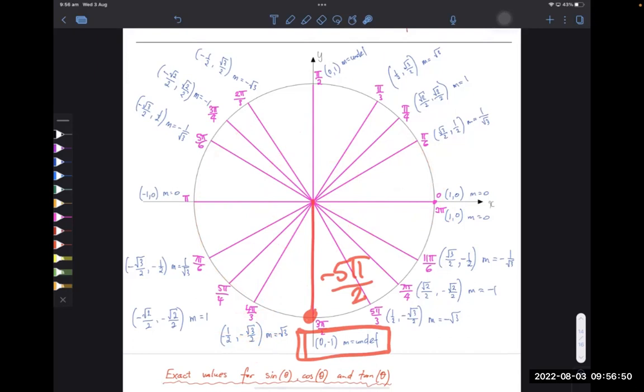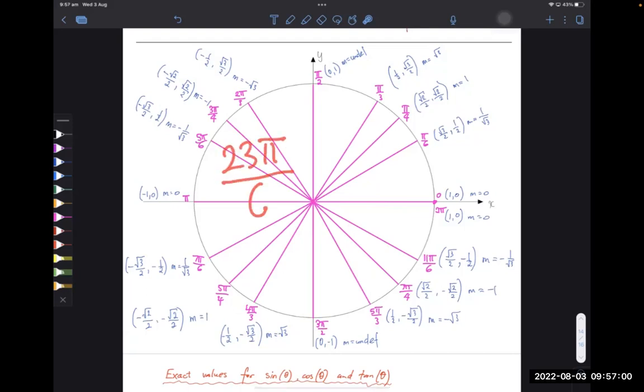So once you find the location, I could ask you, okay, where's 20? I'm going to challenge you now. 23 pi over 6. Where's this located? Isn't that really close to 24 pi on 6? But to get back to 23, you need to subtract pi on 6, right?